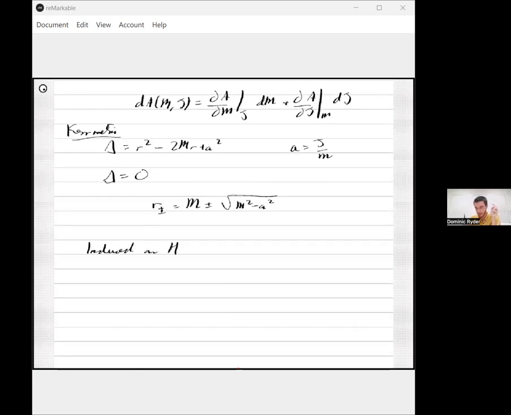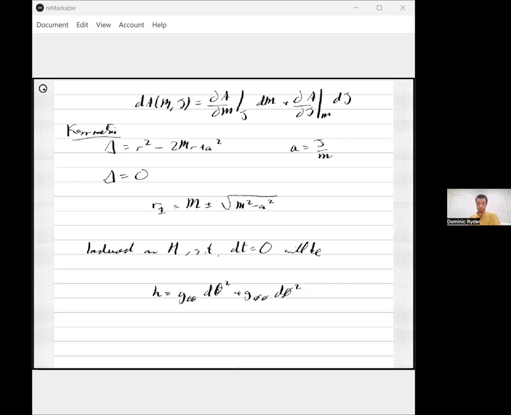And so the induced metric on H, which is the intersection of the event horizon and some Cauchy surface such that dt equals 0, will be h equals g_θθ dθ² plus g_φφ dφ².